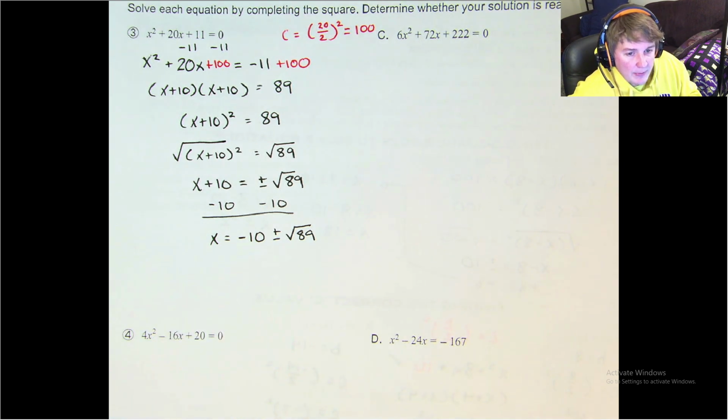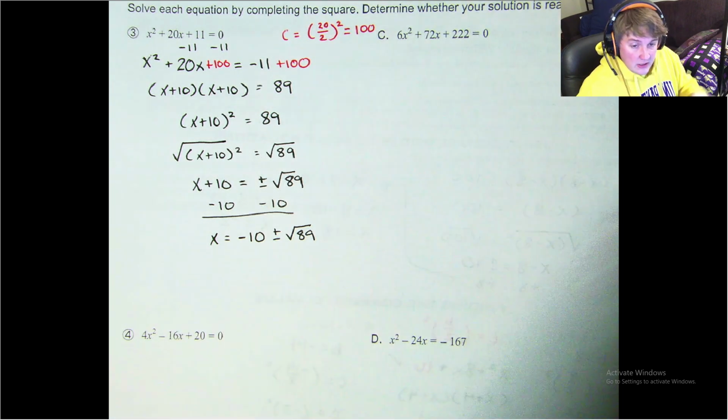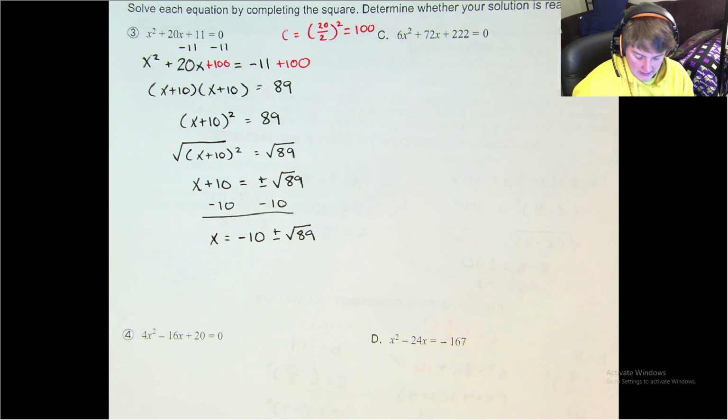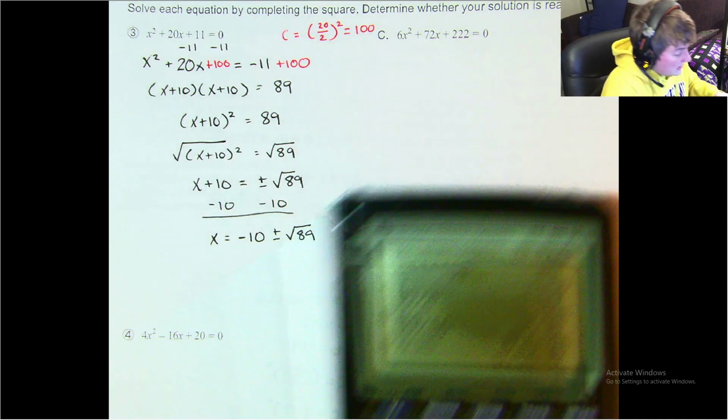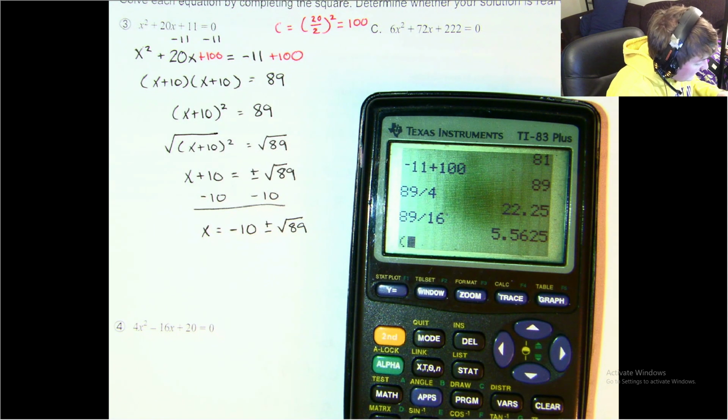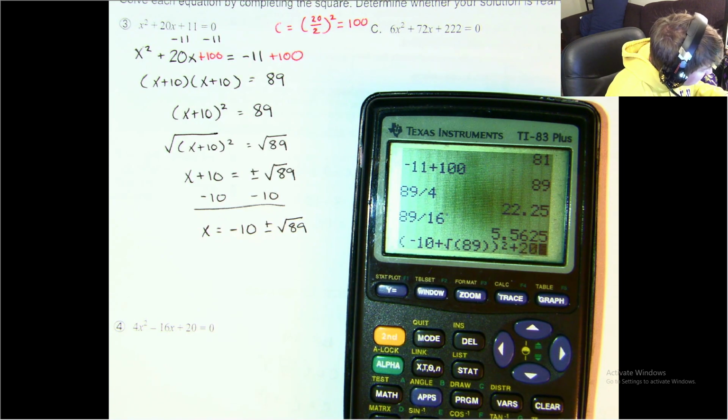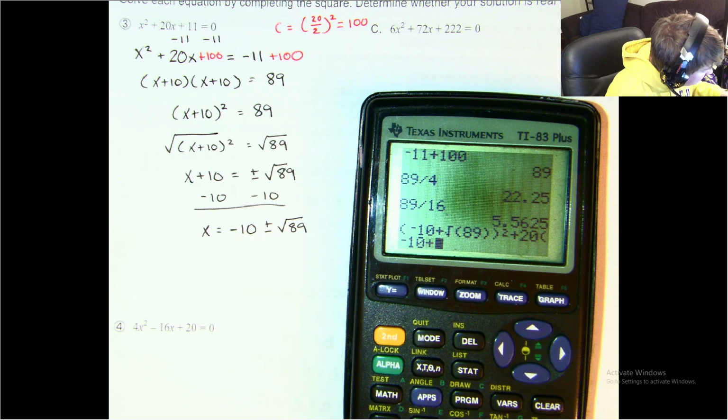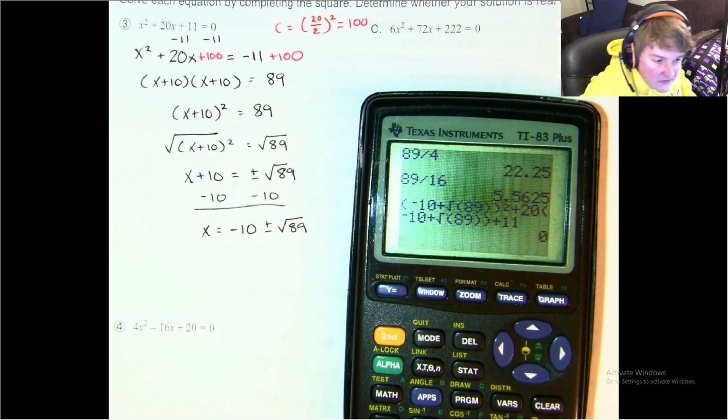Okay. We could go ahead and try to plug that in if we really wanted to and see that it works. So here I have negative 10 plus the square root of 89 squared plus 20 times negative 10 plus the square root of 89, and then plus 11, and it gives me 0.